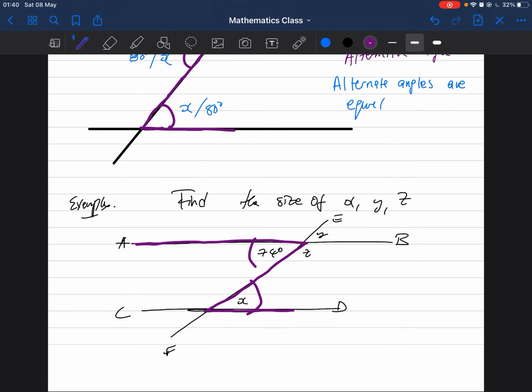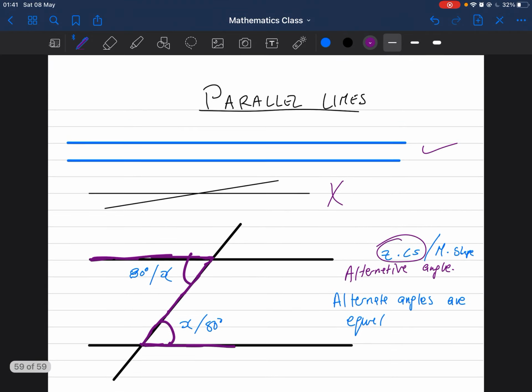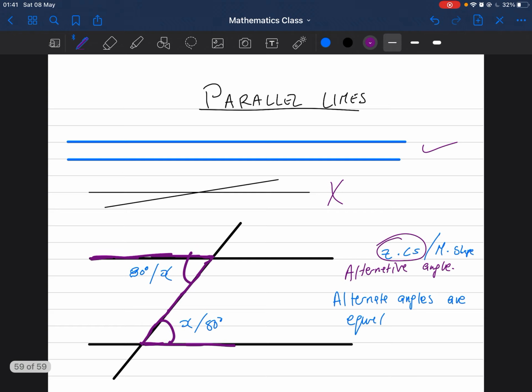So already now we know that x is equal to 74 degrees. And what's the reason? The reason is because of alternate angles, right? You don't have to write the whole name. You can say alternate angles, and everybody who's doing maths will understand. Okay, so that's the theory on alternate angles.